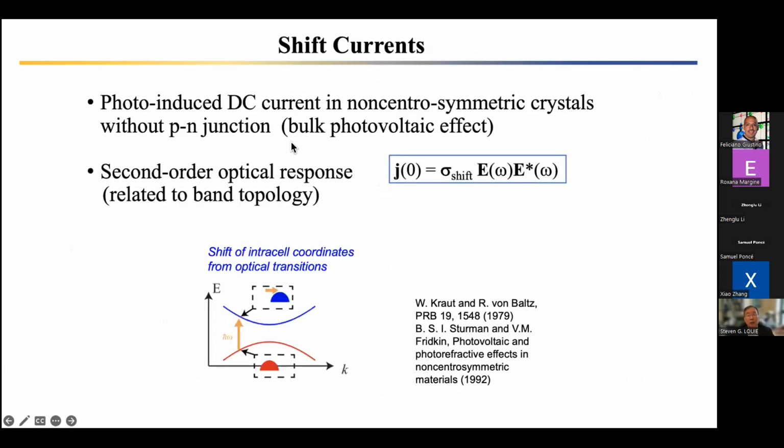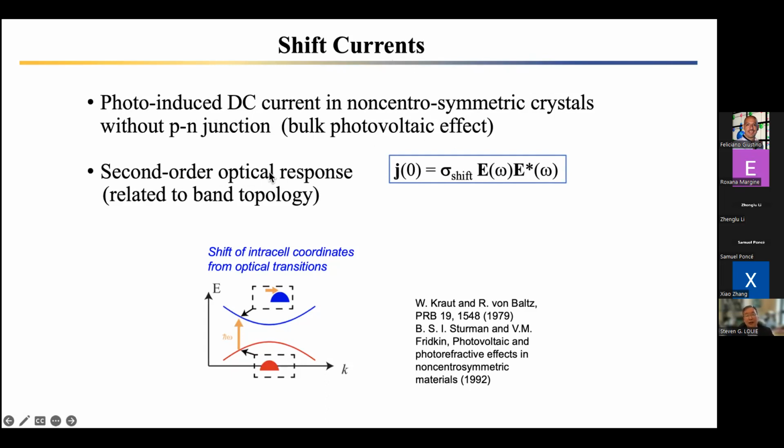So let me give you one example: shift currents in materials. Shift current is a photo-induced DC current in a non-centrosymmetric crystal without having a PN junction. This is called the bulk photovoltaic effect.